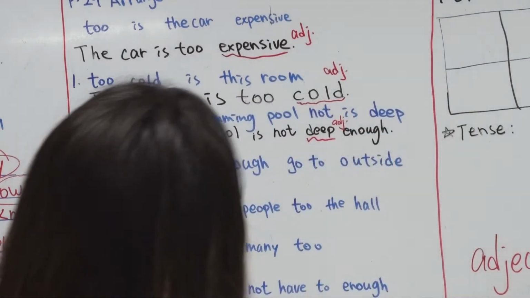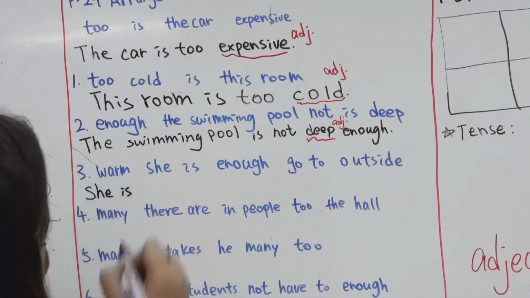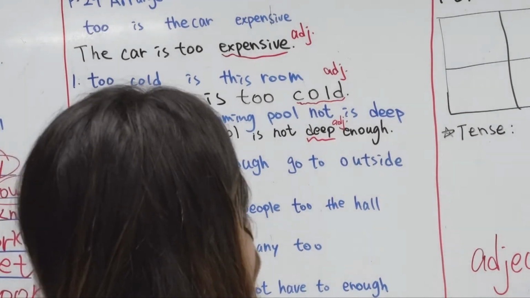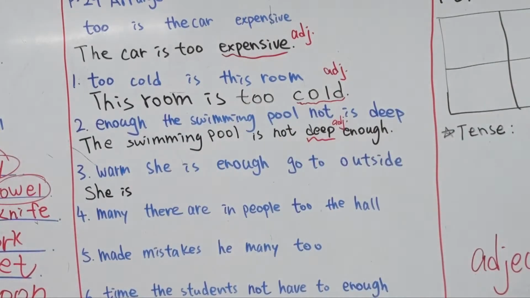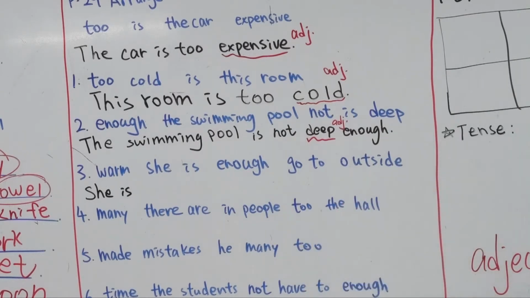And then she is enough. A person can be enough. Which one is the adjective or adverb? We can't say she is go to, right? We can say she is going to, but we can't say she is go to.